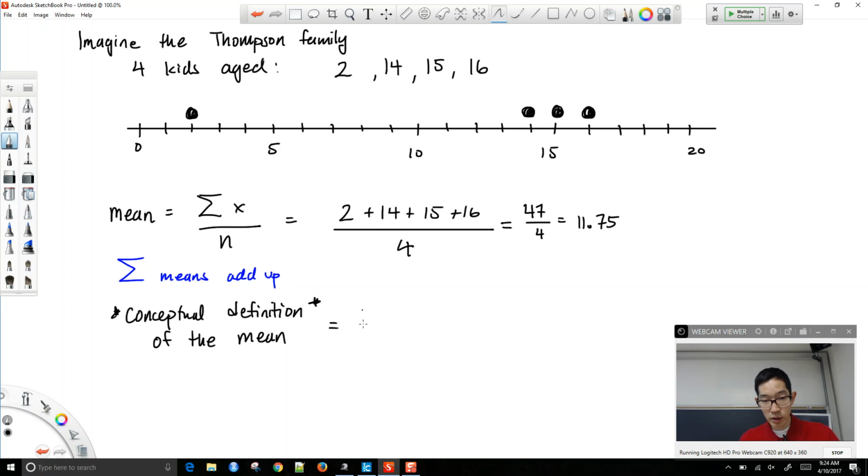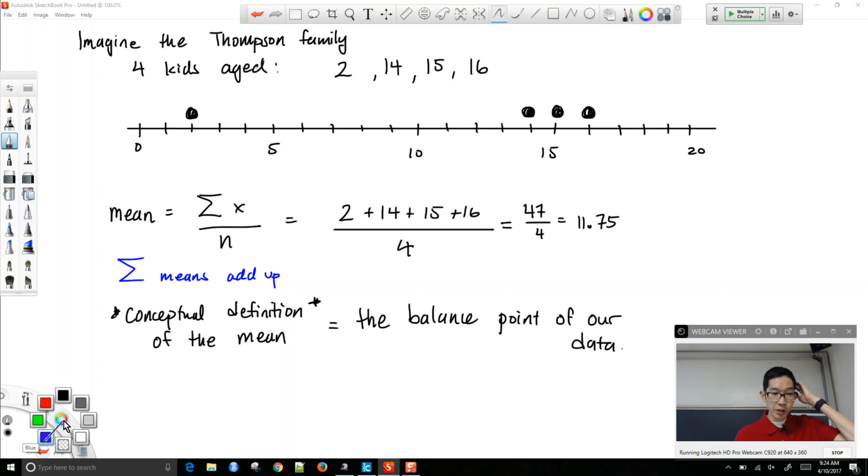Okay, and that is the balance point of our data. And so you can imagine this being a plank, a seesaw, and these are incredibly heavy stones.